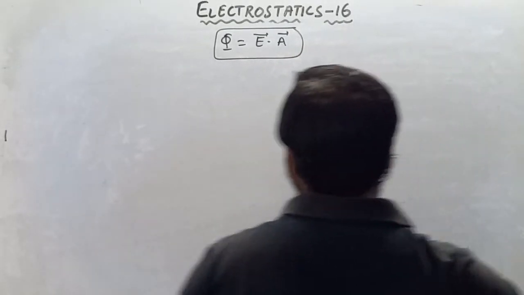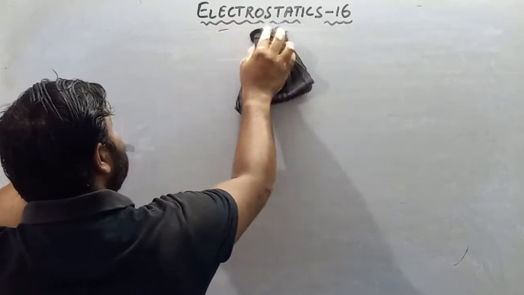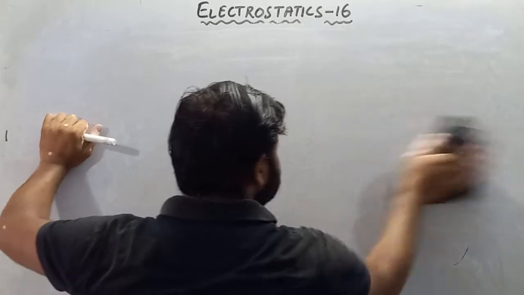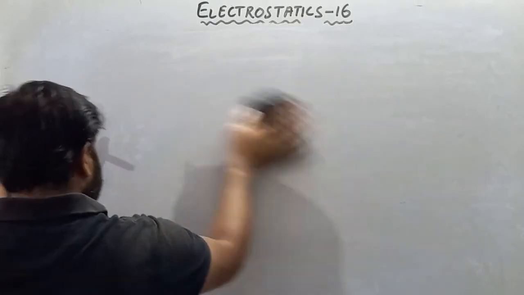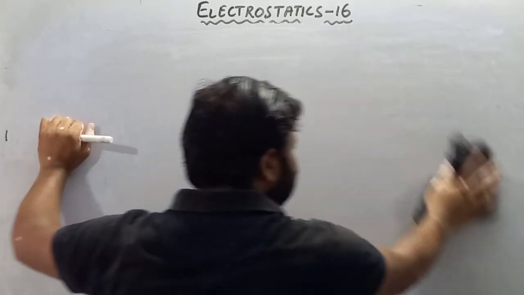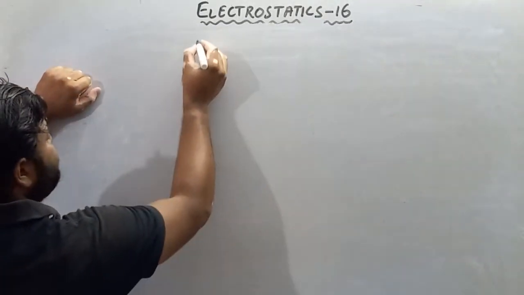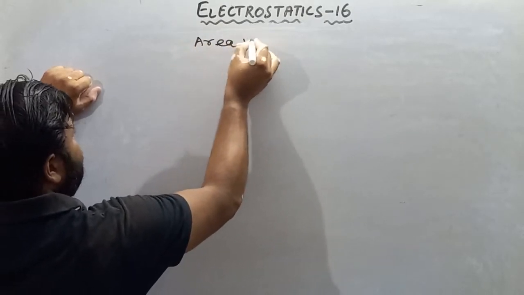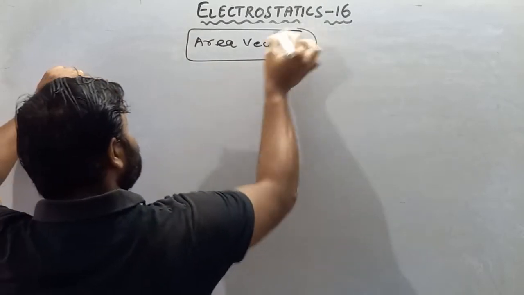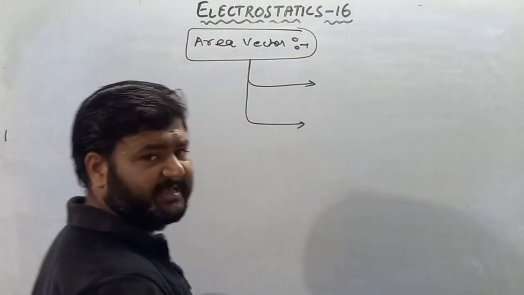Now we'll discuss area vector, because area is always considered to be scalar, but in 12th class we'll consider area to be a vector. So if area is a vector, then we must understand its direction. So our next topic is area vector. Dear student, in our syllabus we'll encounter two different natures of area.